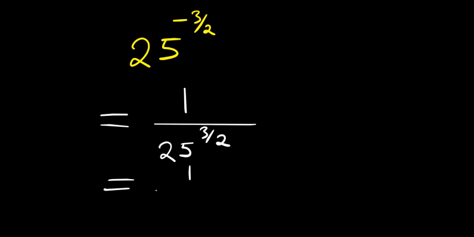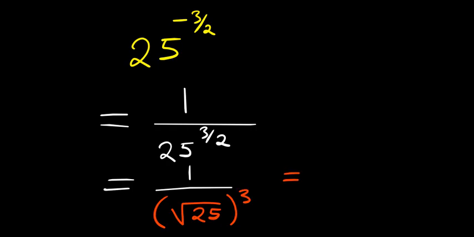So it will be 1 over, the denominator 2 is going to become the root. In this case we're finding the square root of 25. Then what we have as the numerator, 3, becomes the power.